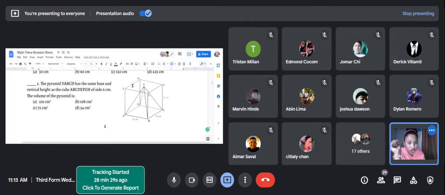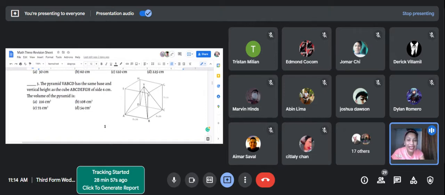And you can see the cube of side 6 centimeters. So this pyramid is inside of this cube, and they're telling you that the pyramid has the same length and the same height as the cube. And now they're telling you find the volume of the pyramid.